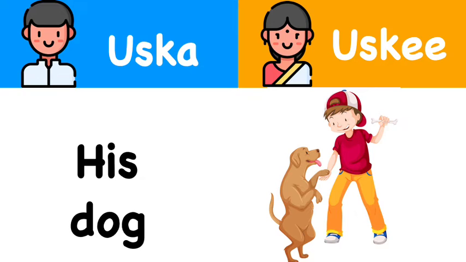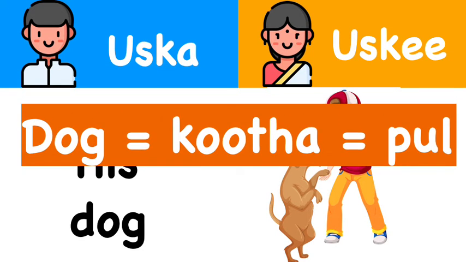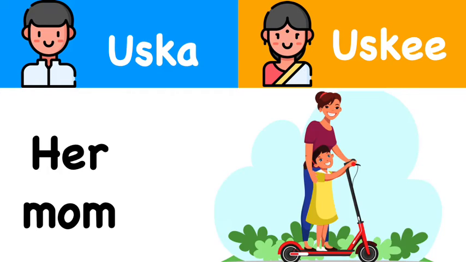The way that they know is from the context of the other sentences being spoken in the conversation. So that's why when we speak Hindi, we have to be really good listeners, because you need those context clues to identify who is being talked about. All right, so again, dog is kutta, which is pull, so therefore it's uska.